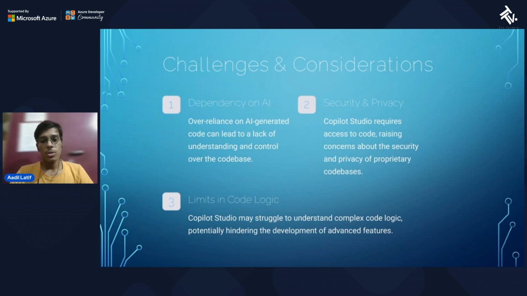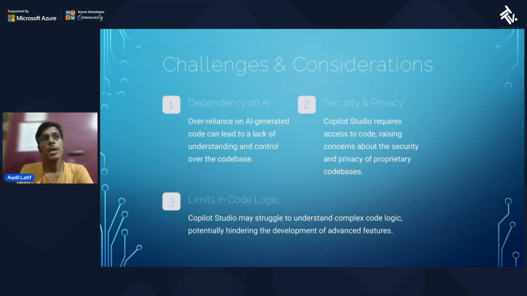So the next thing is security and privacy. Basically, the Copilot Studio may generate code snippets that inadvertently include vulnerabilities. We must carefully review and test generated code to identify and mitigate potential security issues.